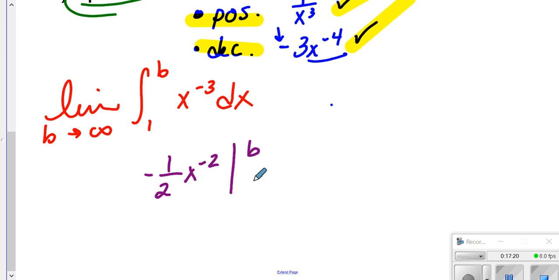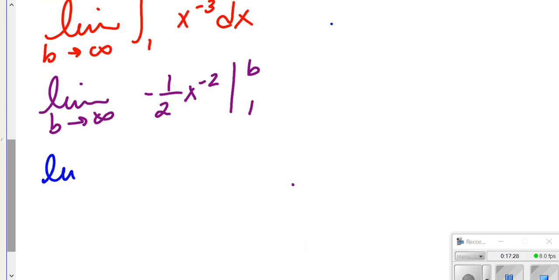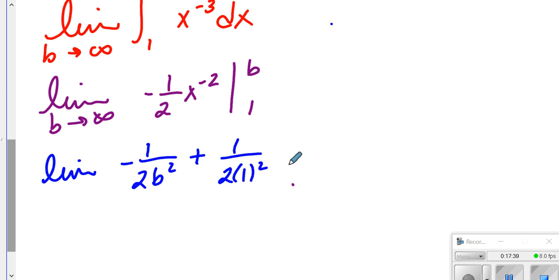Have our bounds over here. Then use fundamental theorem. Plug in my bounds. I'm going to make that more algebra friendly now, because that will be easier for me to think about when I'm thinking about this limit.